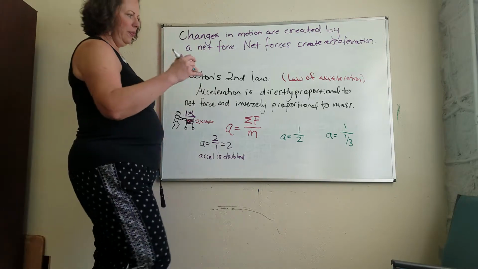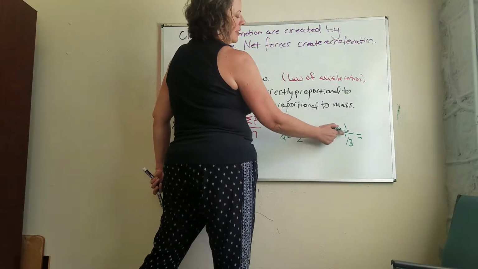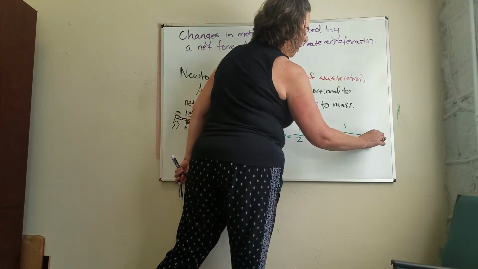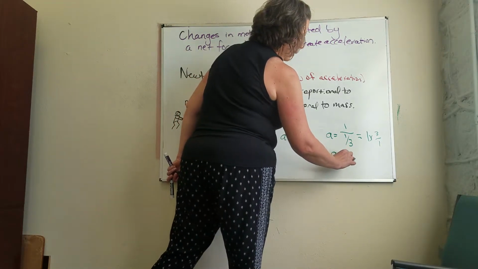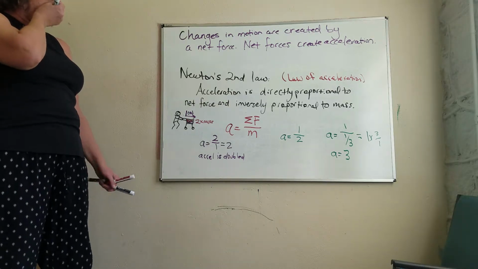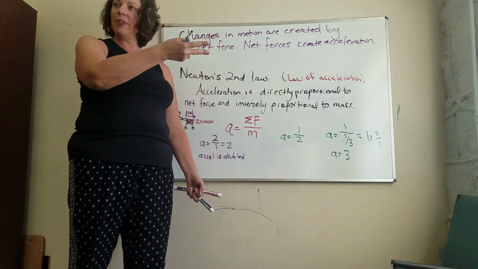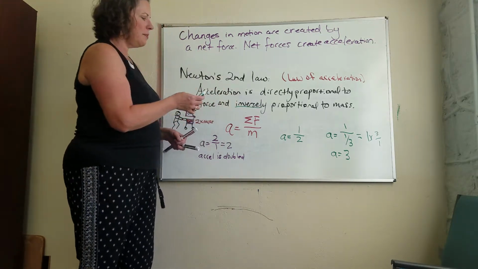1 over 1/3 is the same as 1 times 3/1, which is 3. So it actually inverses the fraction. So when that fraction's on the bottom, you flip it and multiply it. So that's where the word inversely comes from.